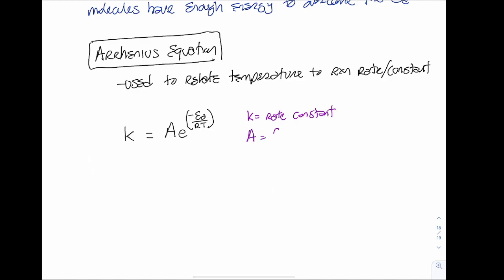A is called my frequency factor. What it is, it's a constant related to effective collisions. Remember, not all collisions are effective, right? They have to have enough energy, which is going to be the activation energy here, but they also have to have the correct orientation. And then the sheer number of collisions matters, right? If I have lots of collisions, there are more effective collisions than if I have fewer collisions to begin with.